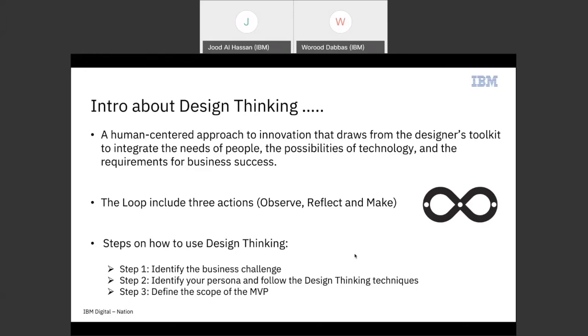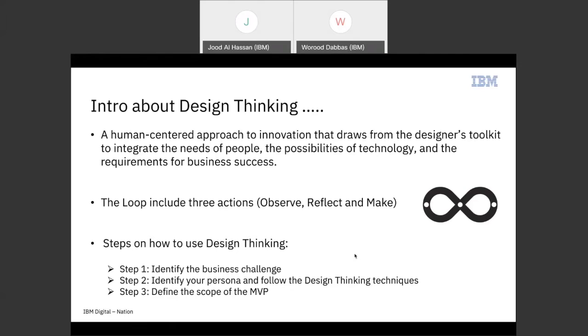Okay, so if we are trying to come up with a solution or a product, we cannot just come up with it and share it with our clients. We have to understand what they actually need and what they actually want. In case they need something, we cannot just go ahead and say, okay, you have to have this product and you have to use it.